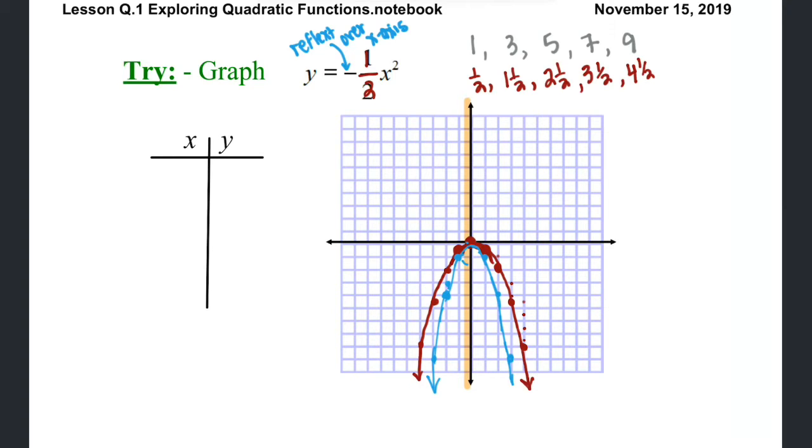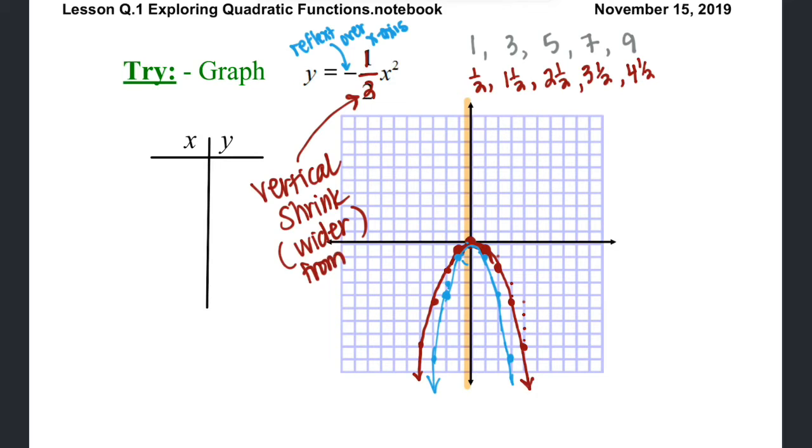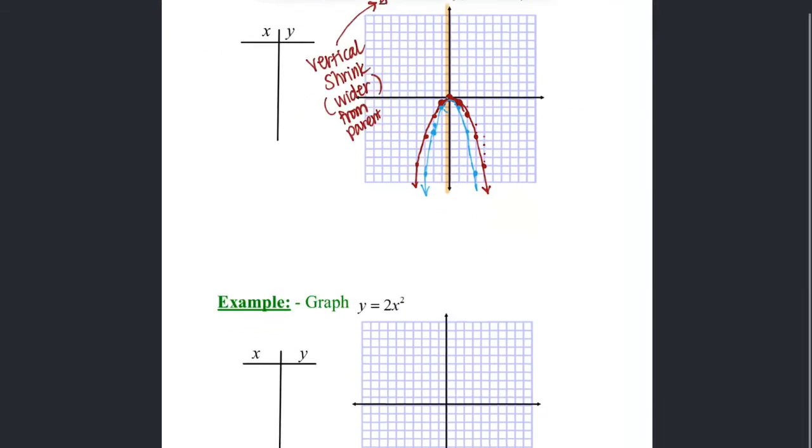So when we have that 1/2 out front, it makes the graph wider. This 1/2 gave us a vertical shrink. And a vertical shrink results in a wider graph, wider from the parent.